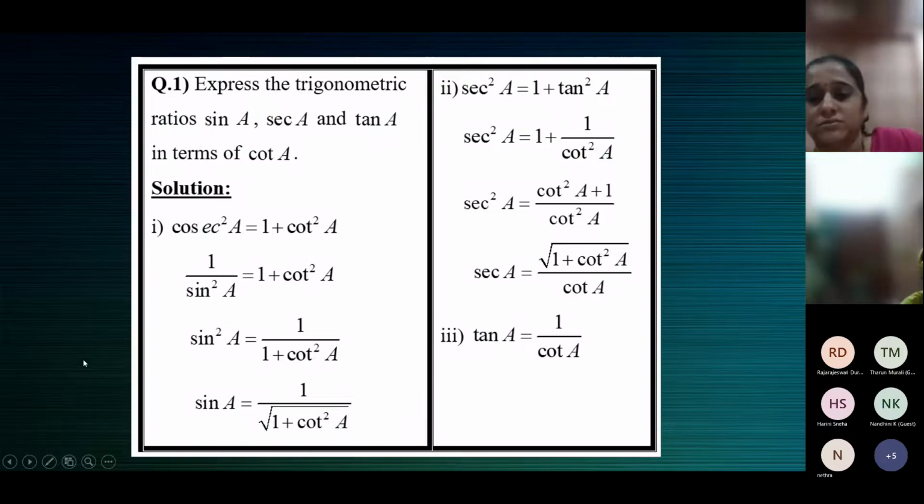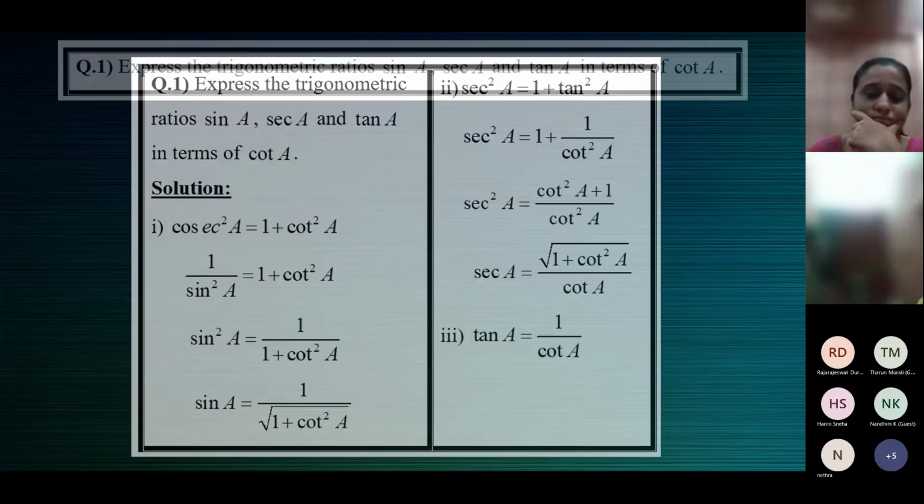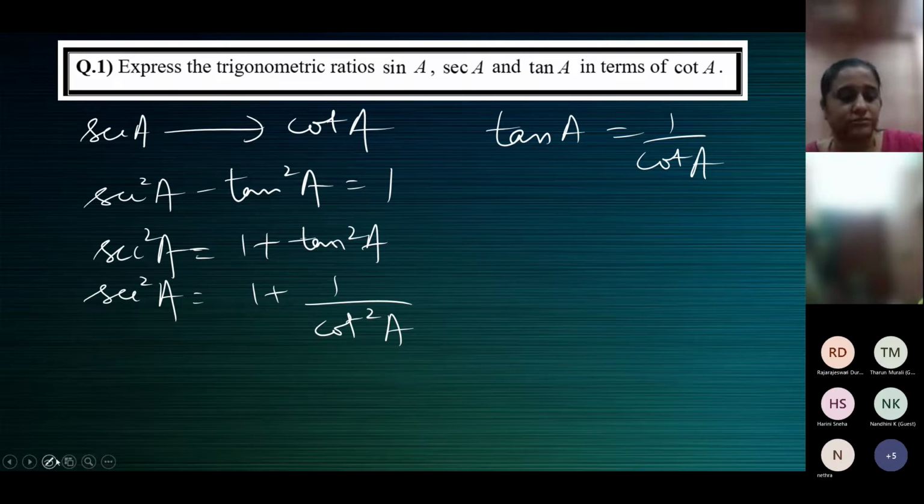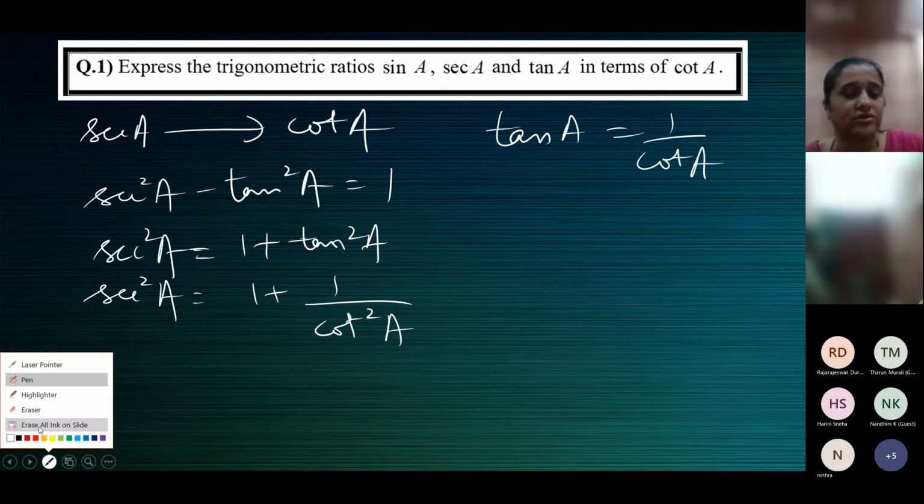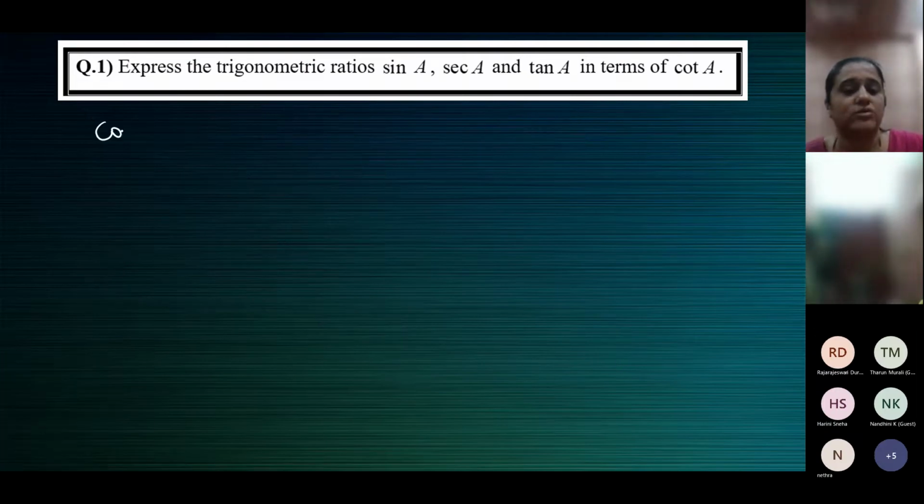Write down. You can see just what I explained. One minute. Write down the question and write this like this. Cosecant square A minus cot square A is equal to 1.